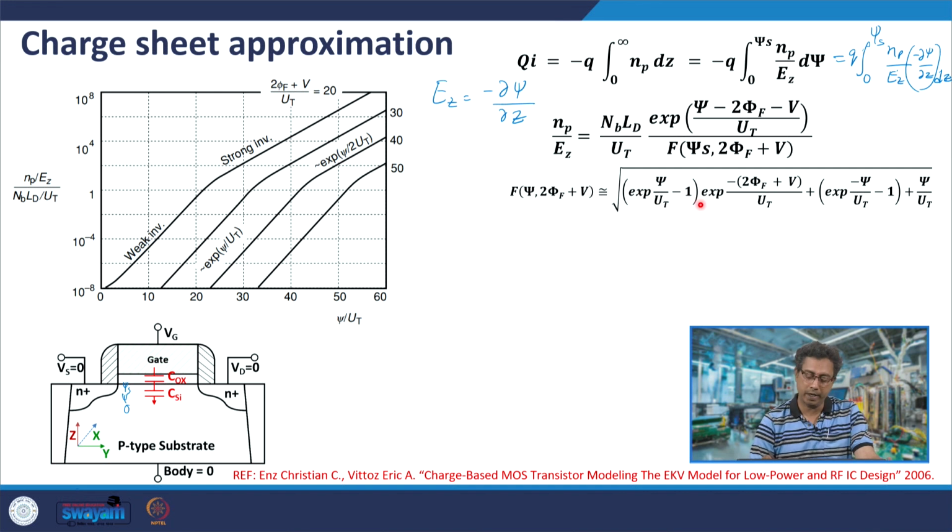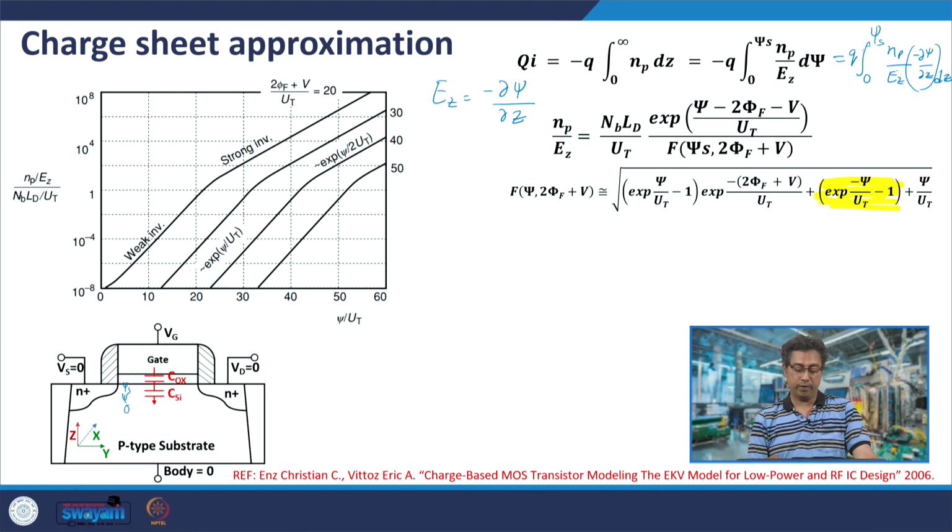You are operating in the depletion and inversion regimes, isn't it? Because we are looking at weak inversion, moderate inversion and strong inversion. The term related to accumulation, as we had discussed earlier, is not important for us. So, we are left with the other two terms.